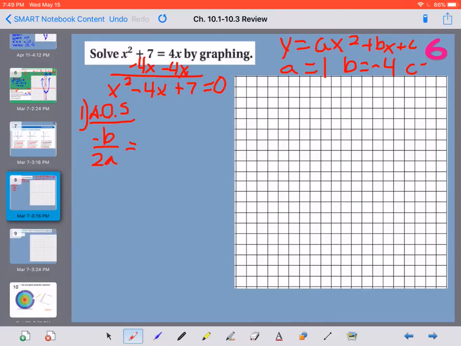And our c is going to be 7. So negative b, well, that's going to be a negative negative 4. We have 2 times a, which is 1. So really we'll have a positive 4 over 2, which when we divide that, we find that x equals positive 2.